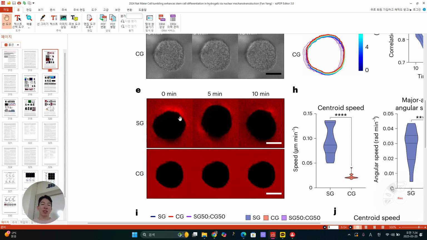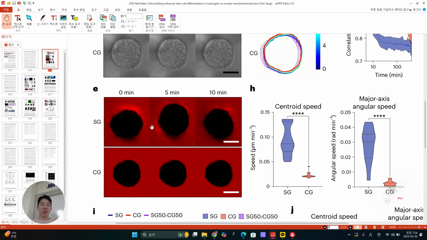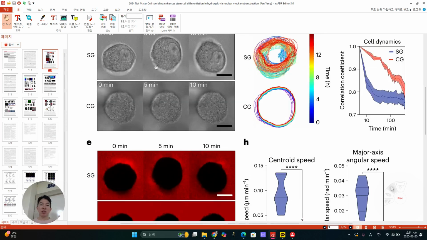This means the cell tries to pull and push the ECM, and sometimes concentrates ECM here while at the same time there is less elsewhere. While checking this ECM deformation, they also check the centroid speed. Centroid means the center of the cell.